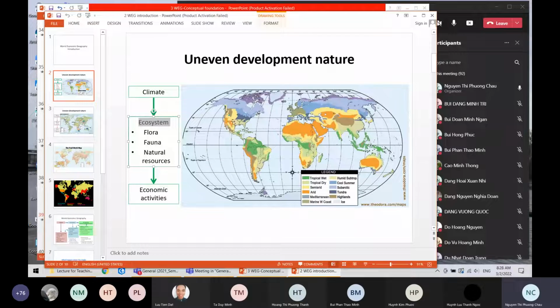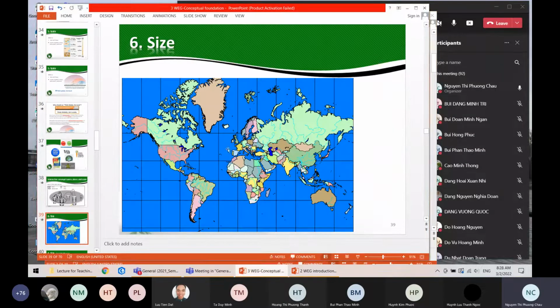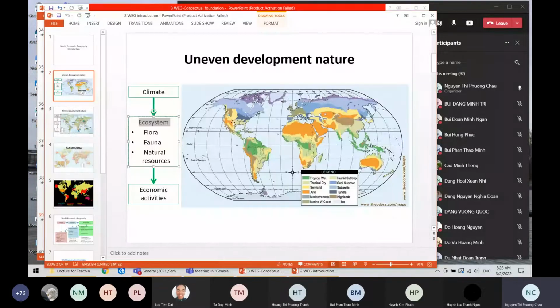And for a nation with a large area, for example America, you can see with different colors that America has various climates. With various climates, America has various ecosystems, and this country has many resources, with flora, fauna, and natural resources that can support the national economy well, based on its economic activity.